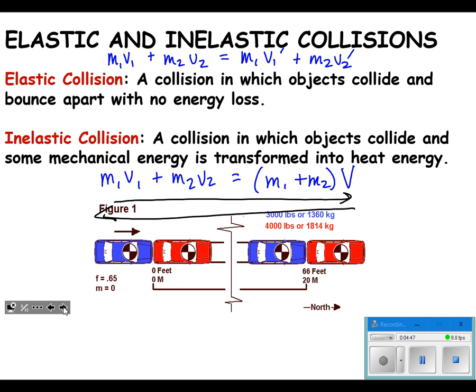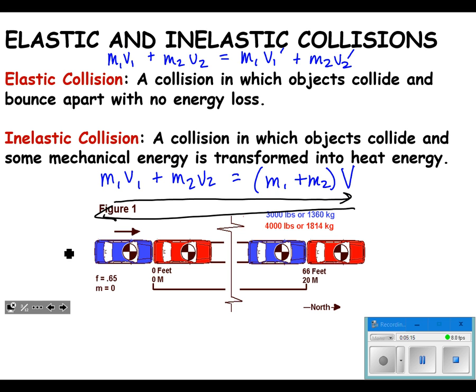A way to think about that would be if I have a firework that starts as a single unit, and then it goes up as a total mass, but then it breaks into all these different parts. All those different parts and their velocities added together has to equal what it originally started with, that momentum. So that would be reading it from right to left versus from left to right.